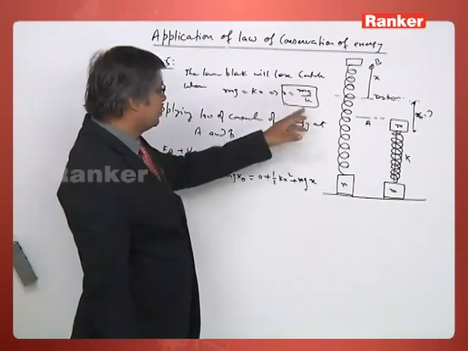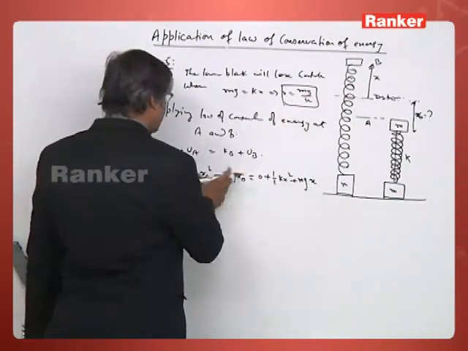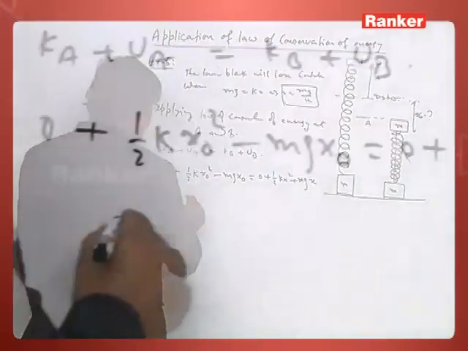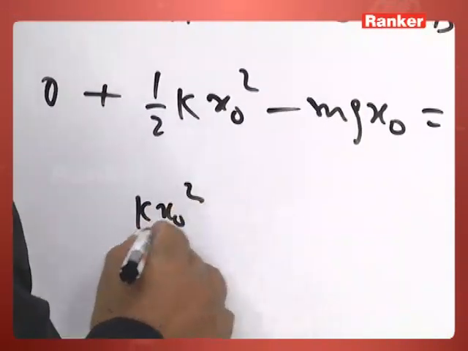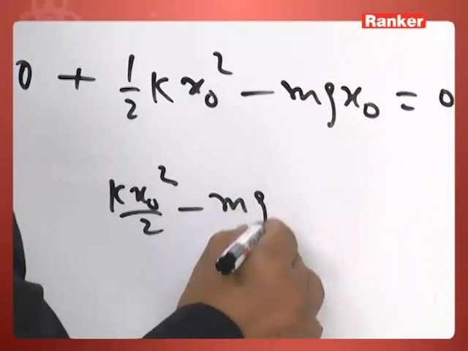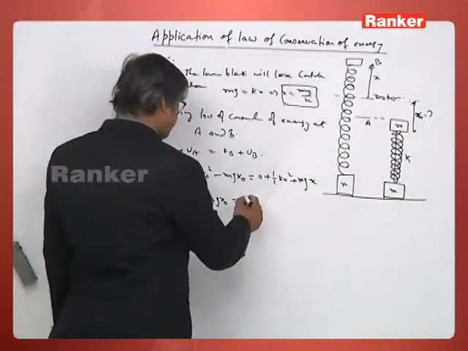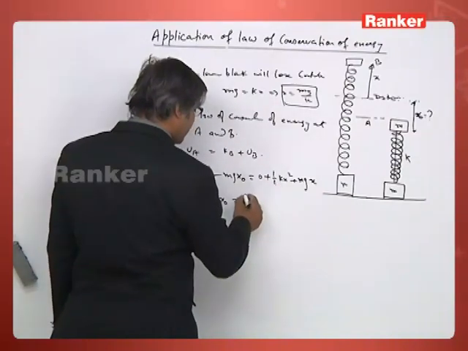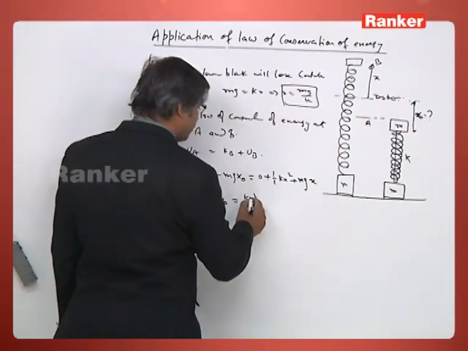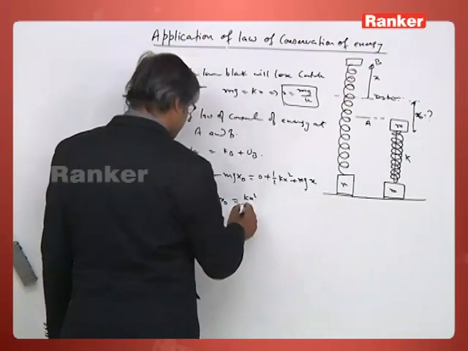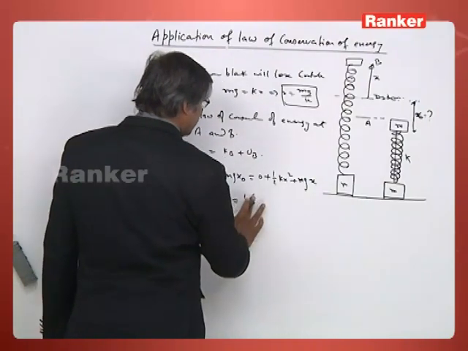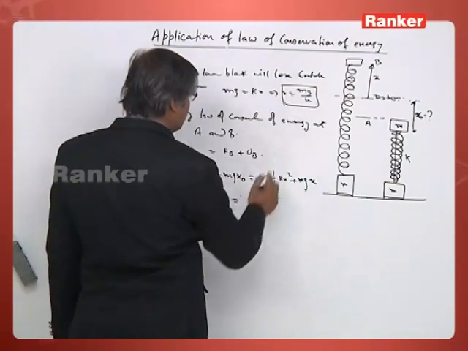So we have to calculate the value of x naught for which it will lose contact. So x value is mg by k, we know. So kx naught square by 2 minus mgx naught is equal to kx square by 2 plus mgx. So x is already known, x is equal to mg by k.